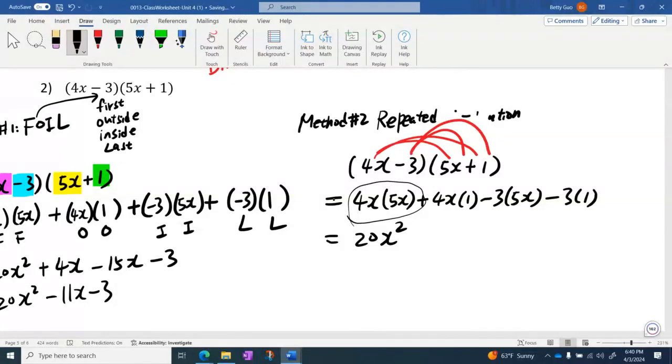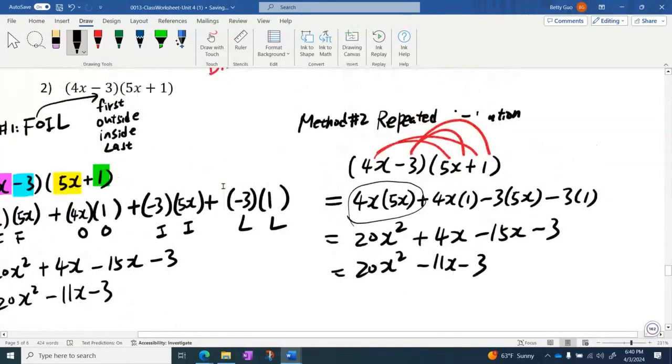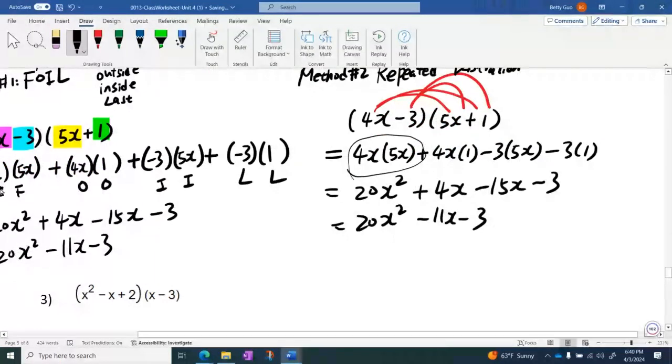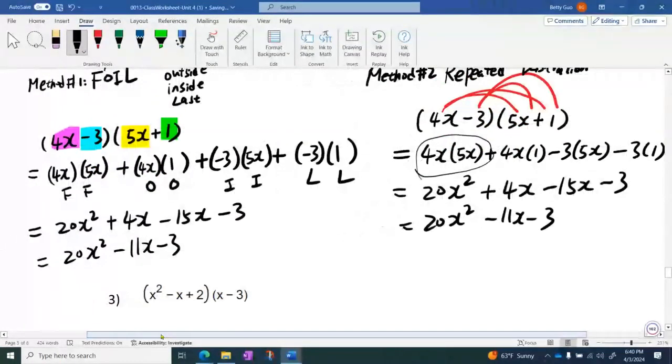We are multiplying them. 4 times 5 is 20, x times x gives x squared. 4x times 1 is 4x. Negative 3 times 5x is negative 15x. Negative 3 times 1 is negative 3. Then you combine like terms: 20x squared minus 11x minus 3. That's the second method, the repeated distribution method.